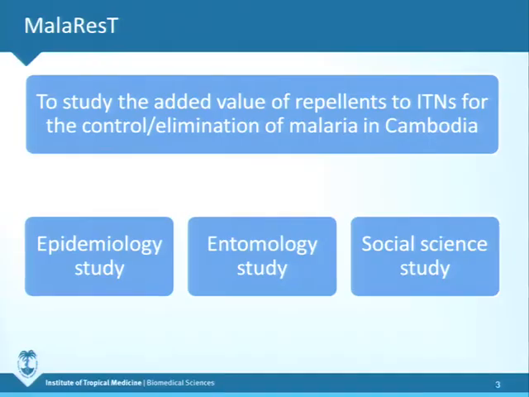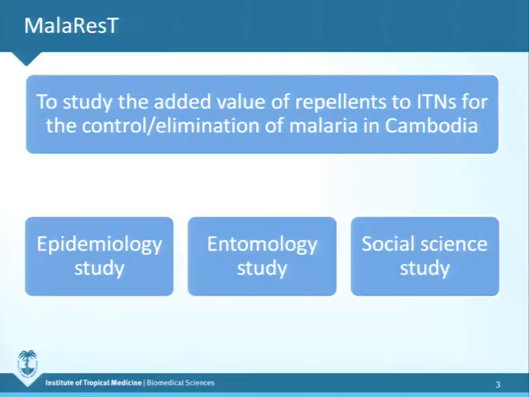It means that the people who are not using the tool will have the benefit of the coverage use of this tool. So that's very important. If the coverage is not high enough, it will not have impact on the vector population, meaning that the vectorial capacity will not decrease, but you still may have a personal protection.